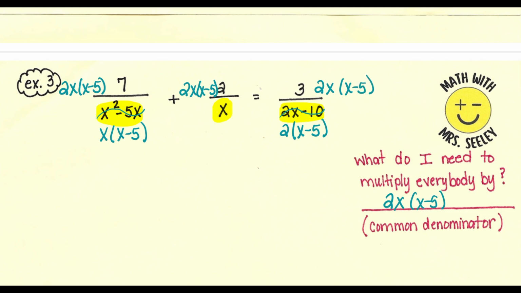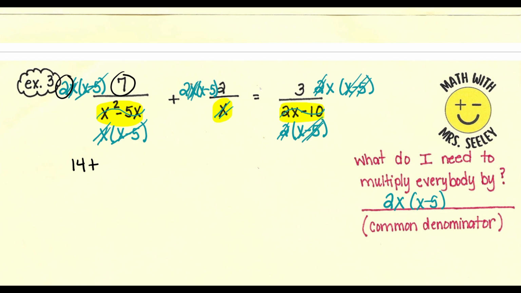All right, let's cancel everything that we can. Those x's cancel. The x minus 5 group cancels. Here, just your x is going to cancel. Here, your 2 cancels and your x minus 5 cancels. Okay, it's looking messy, but we got to be careful and see what's left. So here I have a 2 and a 7, which is 14.